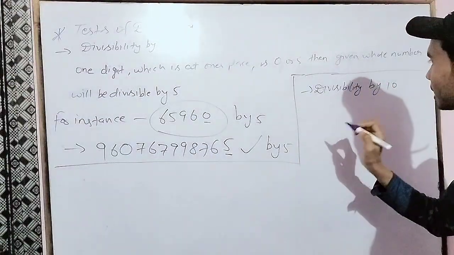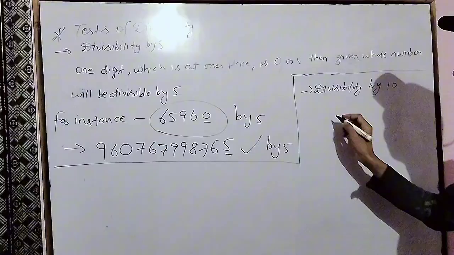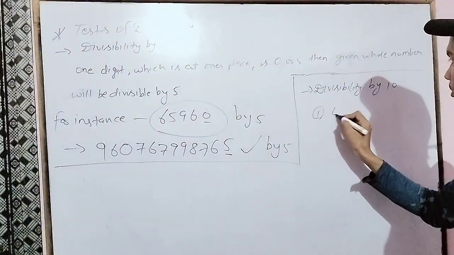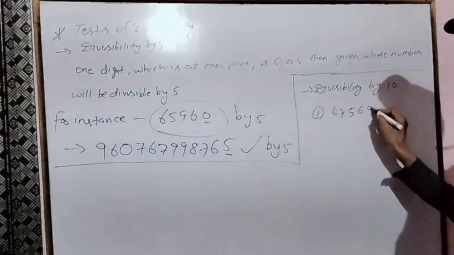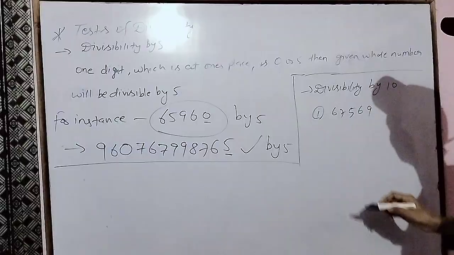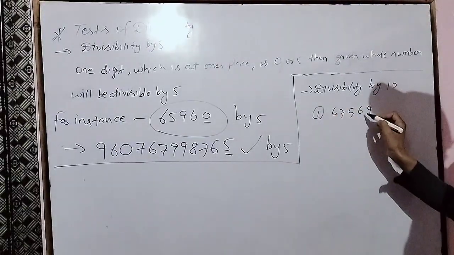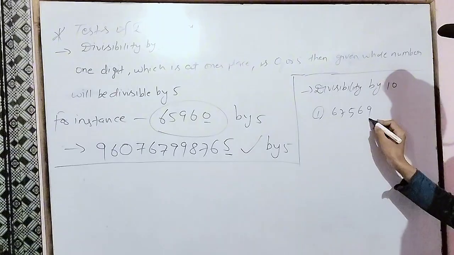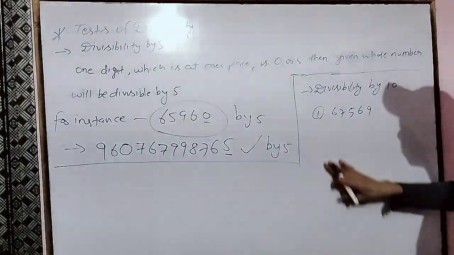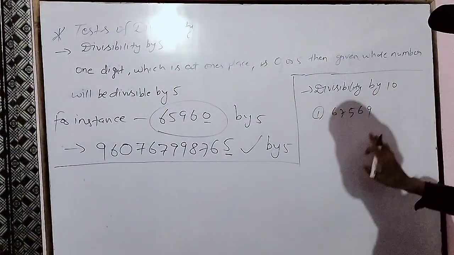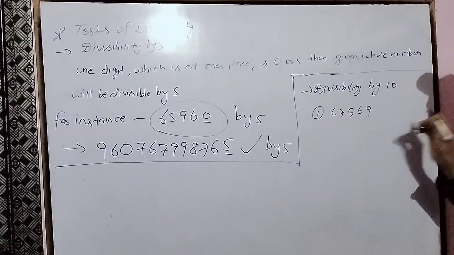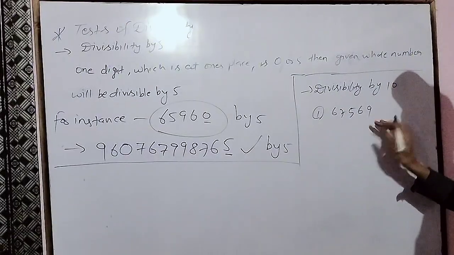If a whole number, let's say 6 7 5, is not divisible by 10, because here is not 0. It is 5.